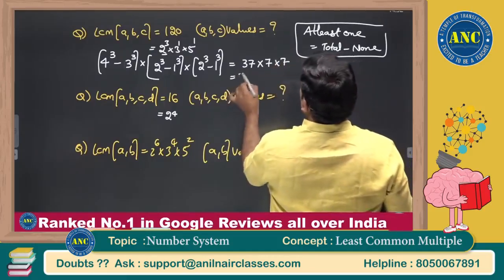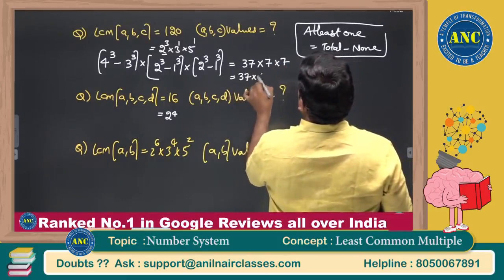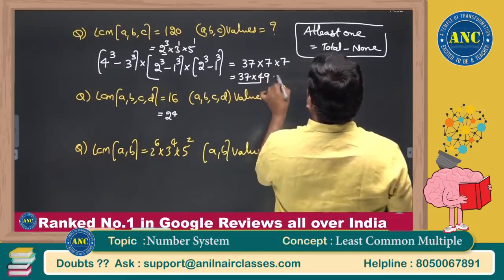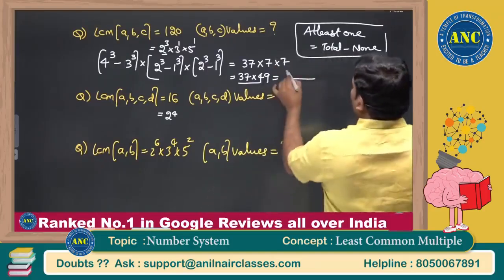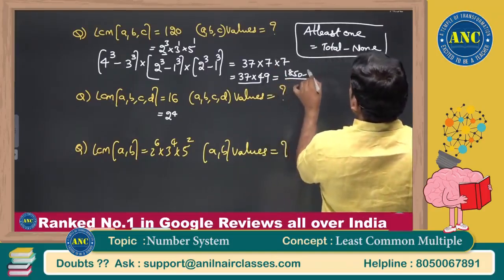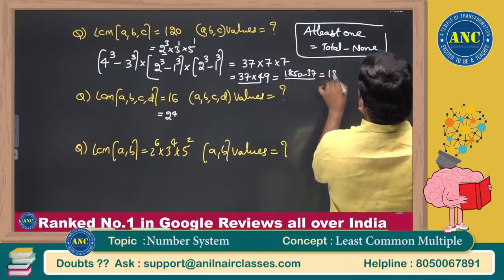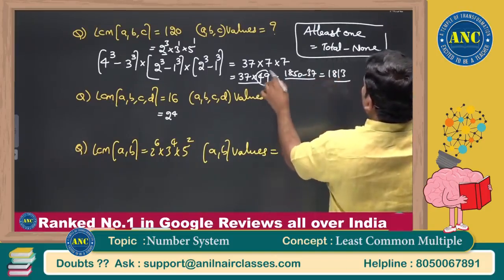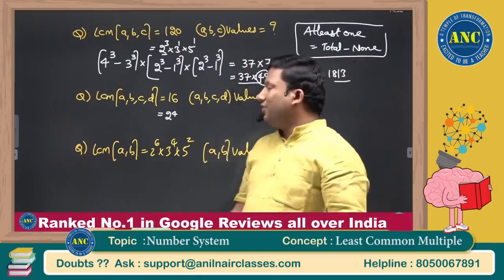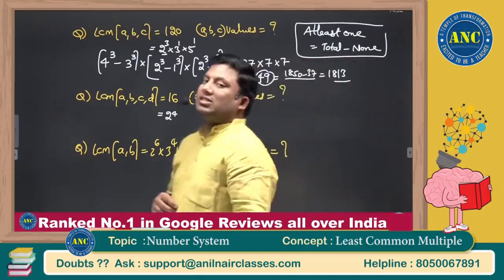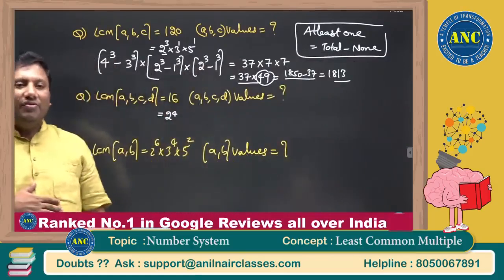So this is 37 into 49. Whatever answer you get will be the answer, which is nothing but 1850 minus 37, which is 1813. For 49, I wrote it as 50 minus 1. 37 into 50 is 1850 minus 37, answer is 1813.